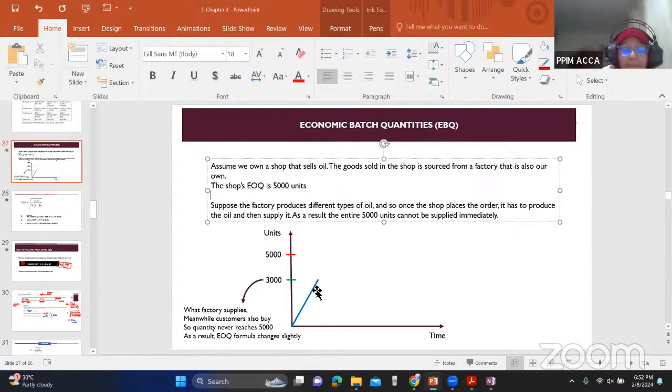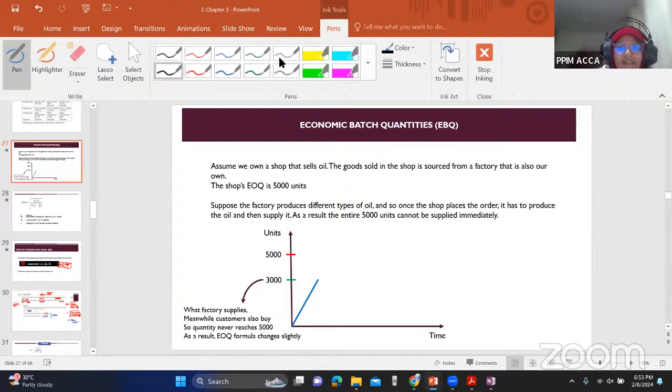So customers will buy. Even before the additional 2,000 units come into the shop, let's say the customer bought 100 units. So 3,000 minus 100, now there are 2,900 units.